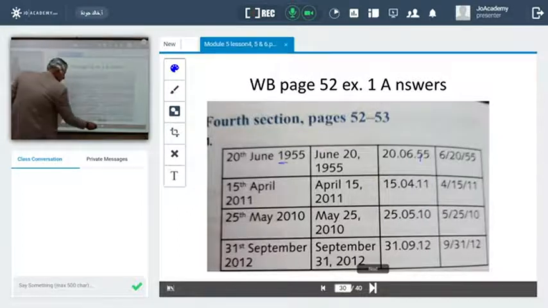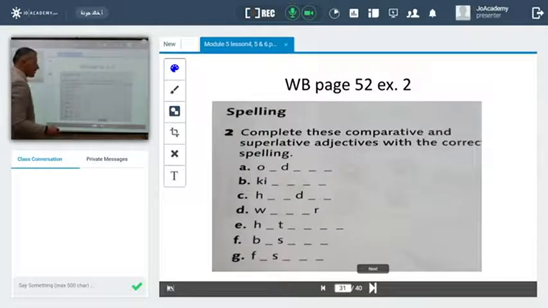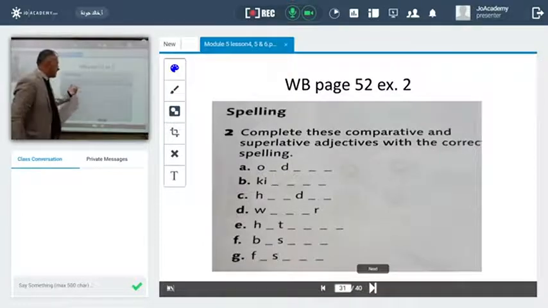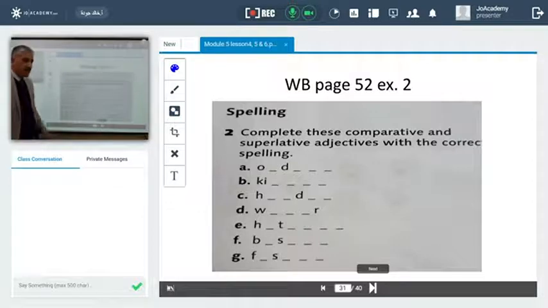So let's move to the workbook page 52, exercise 2. Please, the same page 52, we have the spelling. We have to complete the spelling of the word. Complete these comparative and superlative adjectives with the correct spelling. So we have to fill in the correct spelling for the missing letters.